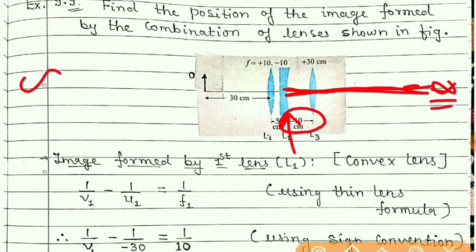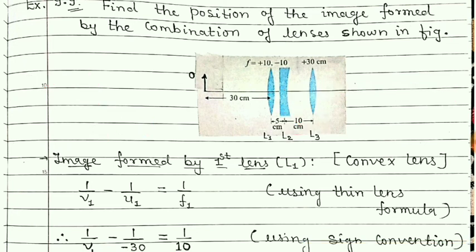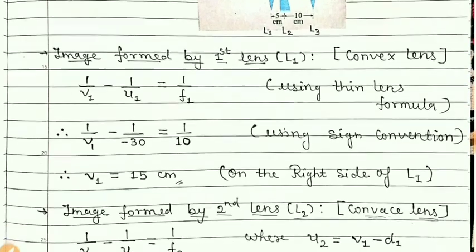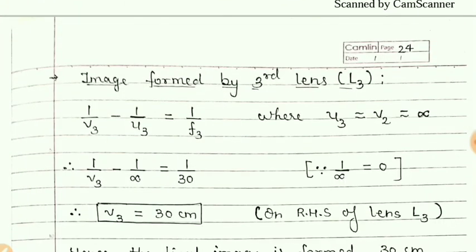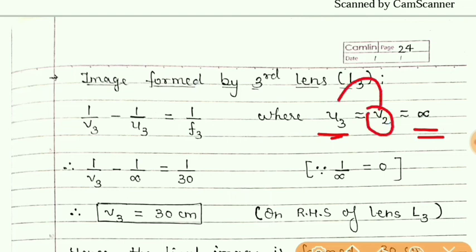To infinity, if we add anything or subtract anything, the result will be infinite only. And so for the third lens, the object distance will be infinite only. Image due to second lens behaves as object for the third lens.